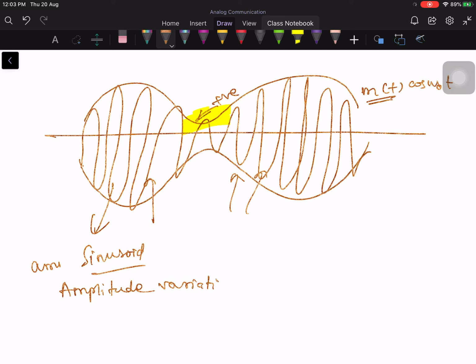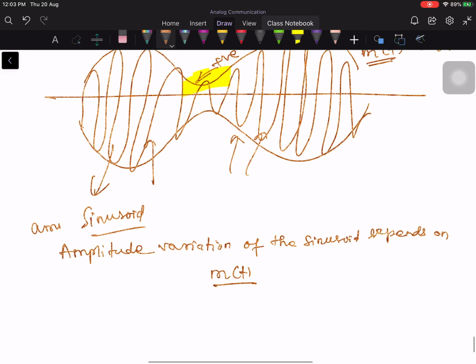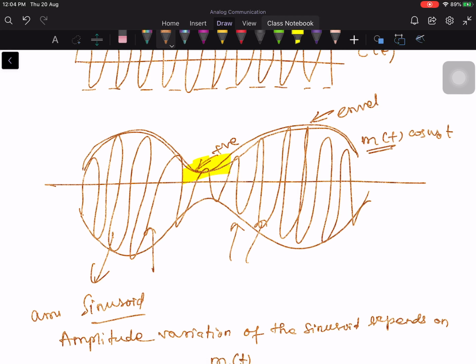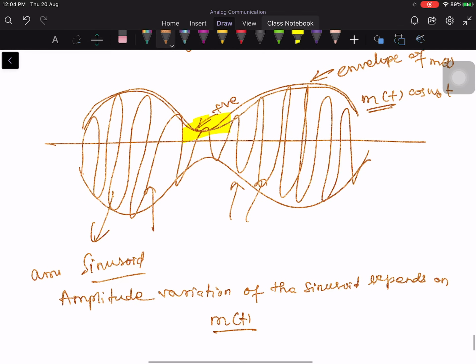Amplitude variation of the sinusoid depends on the magnitude of m of t, not m of t, magnitude of m of t. So this is the magnitude of m of t. Sometimes people call it the envelope of m of t. So basically this is called a trace of the signal.